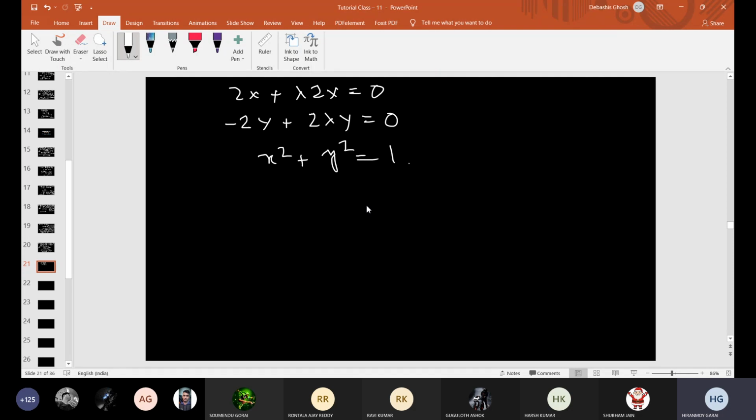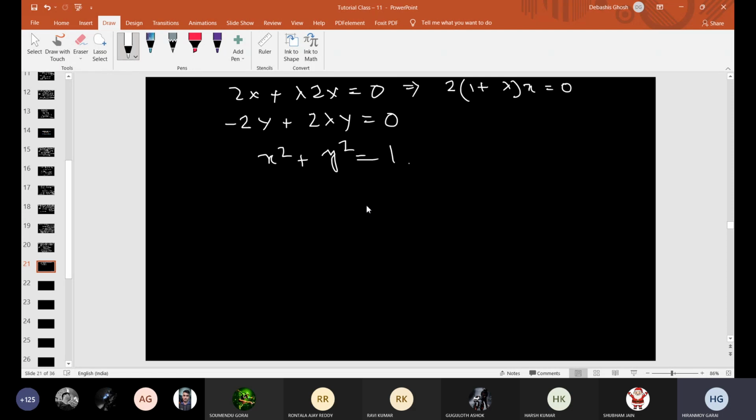So from the first equation, we have 2 into 1 plus lambda into x equals 0. So from here we can consider that x equals 0.